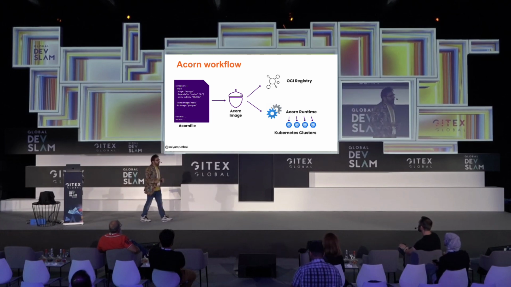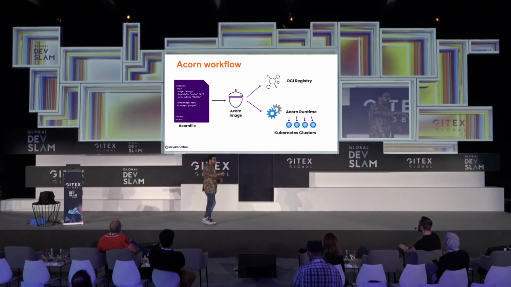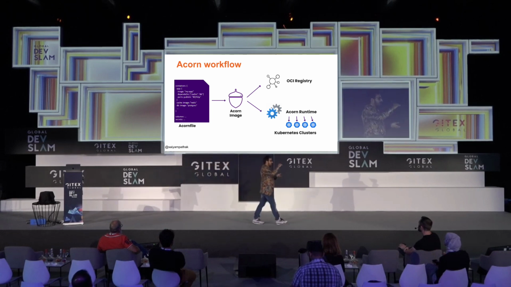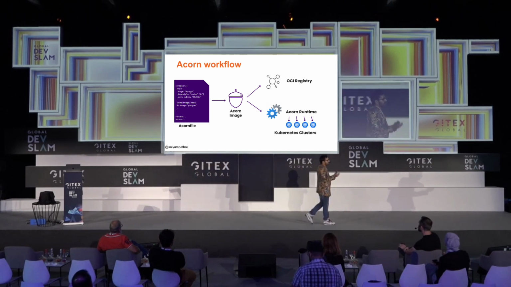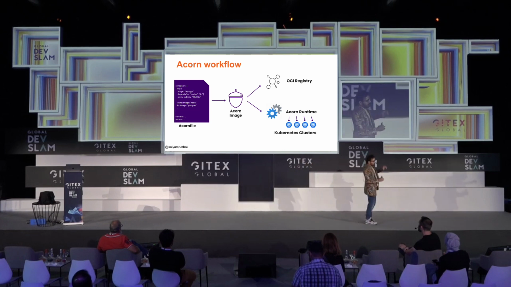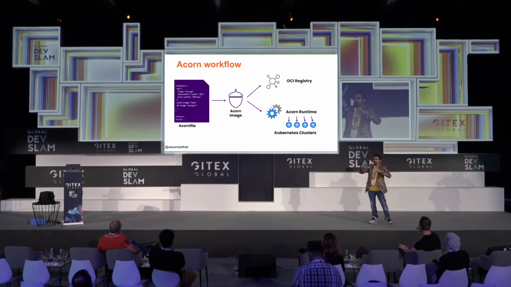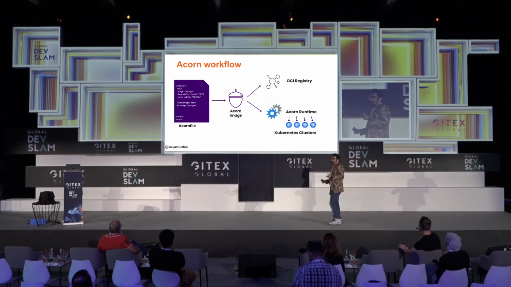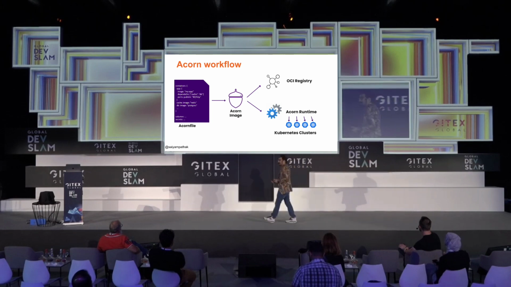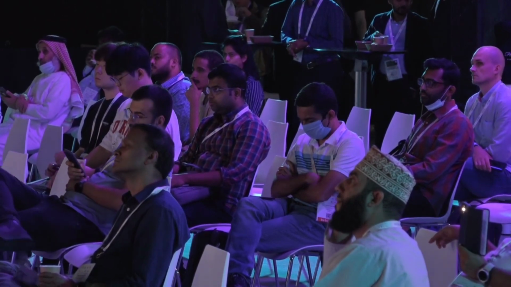The workflow looks like this: you write an Econ file, and all the Econ components will be installed onto the cluster. From the Econ file, there will be an Econ image, which is called the artifact, an OCI compliant artifact that will be created. Now, this artifact can be a single Docker image or a combination of Docker images, following the same principles.